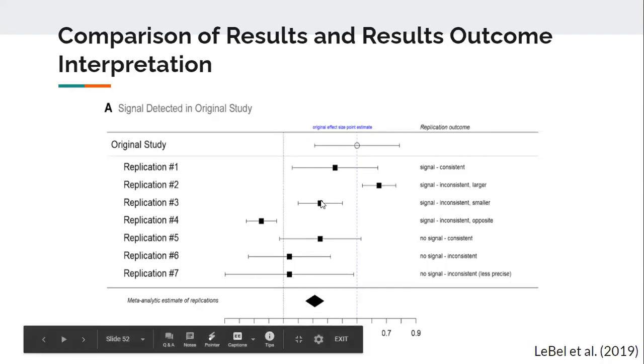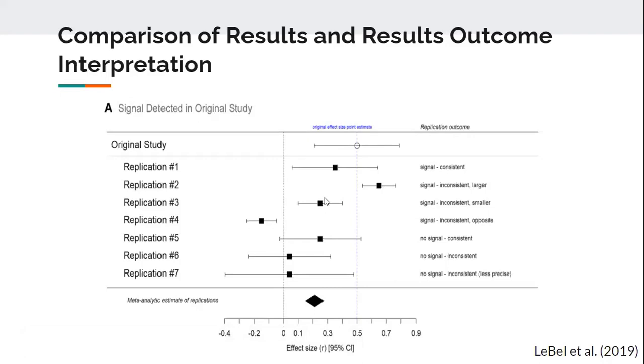As you can see, it's smaller. And for replication 4, signal inconsistent opposite means that the effect is significant in the opposite direction, meaning that the replication CIs do not include 0 and do not include the original effect size, and it's in the exact opposite direction. This is on the negative side, and the original effect size is positive.